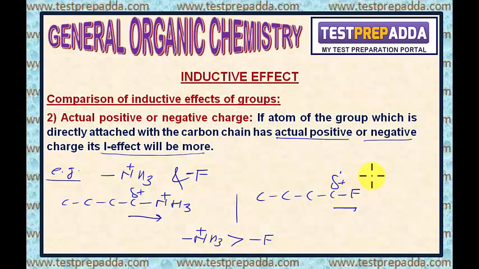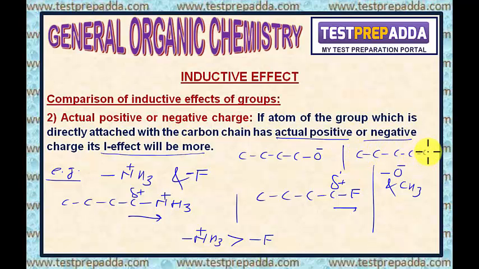Similarly, for plus I effect groups, if I compare O minus and CH3, if I attach this O minus with the carbon chain, take this carbon chain, attach O minus, take the carbon chain, attach CH3. CH3 has got electron pushing tendency.